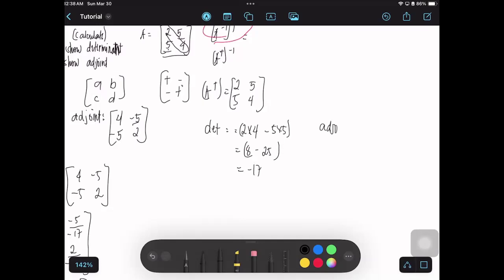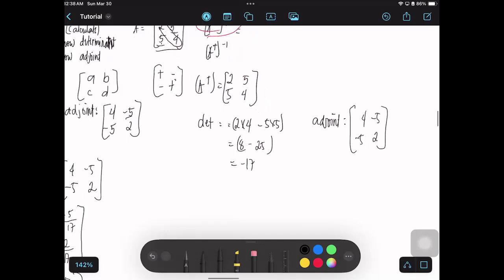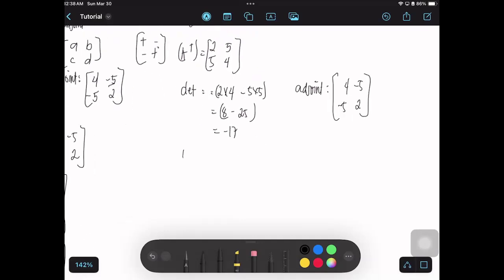And the adjoint will become, in swap, 4, then 2, then -5 and -5. So that's the adjoint. Now what you will need to do, 1 over the determinant of -17 times 4, -5, -5, and 2.